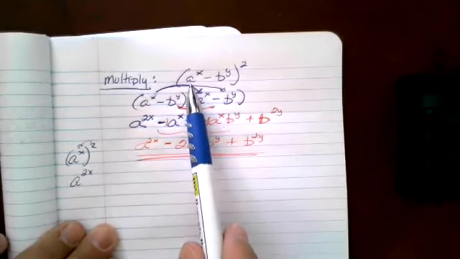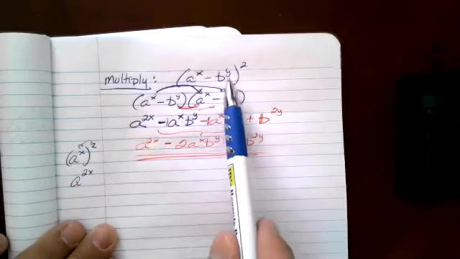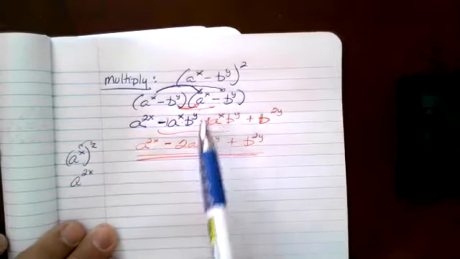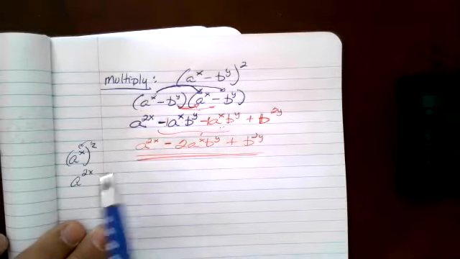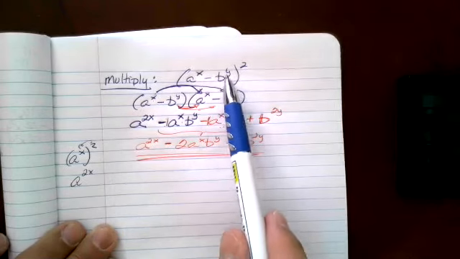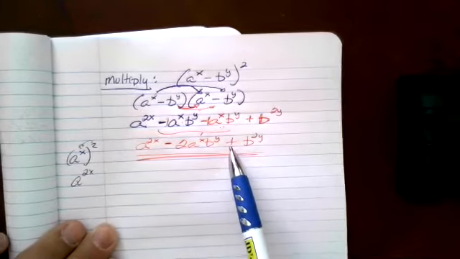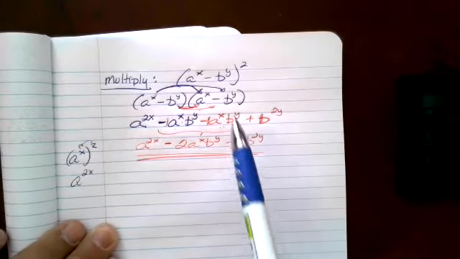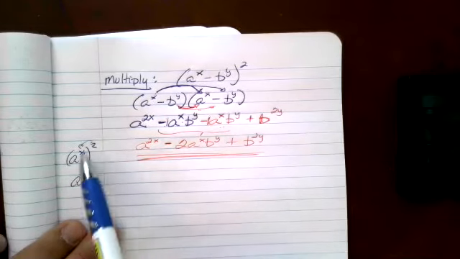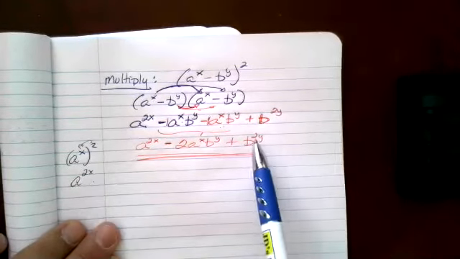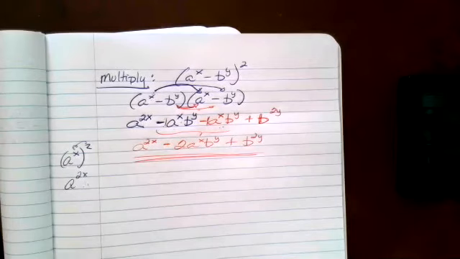Well, a to the x times a negative b to the y, doubled, which means times 2, gives us that. And my b to the y squared, it's a negative b to the y, so it's going to be positive, because a negative times negative is positive. And when I square it, I'm going to end up like this, 2 times y. So you could have used that as well. You could have used the formula, would have been fine. It's a tough problem, I think, but something to think about.